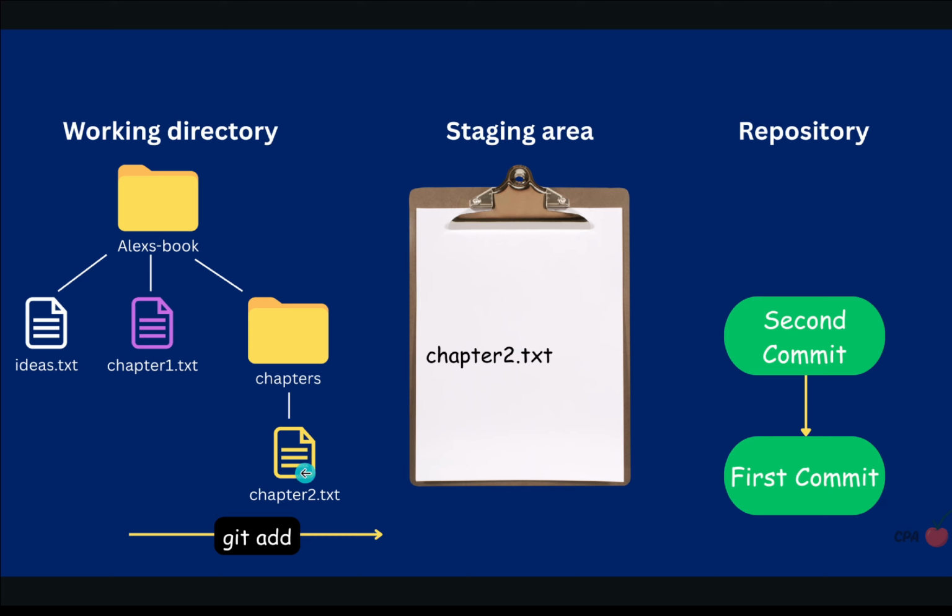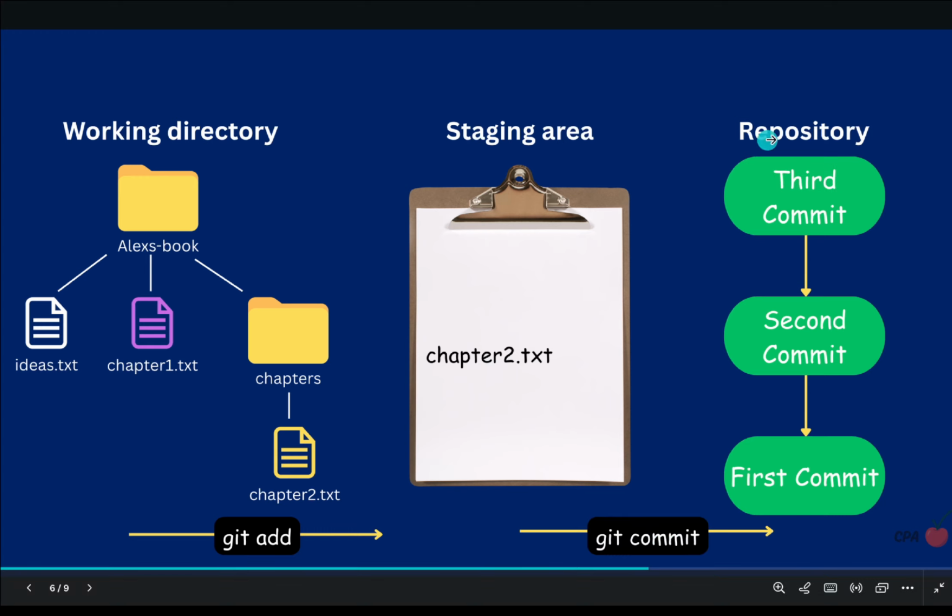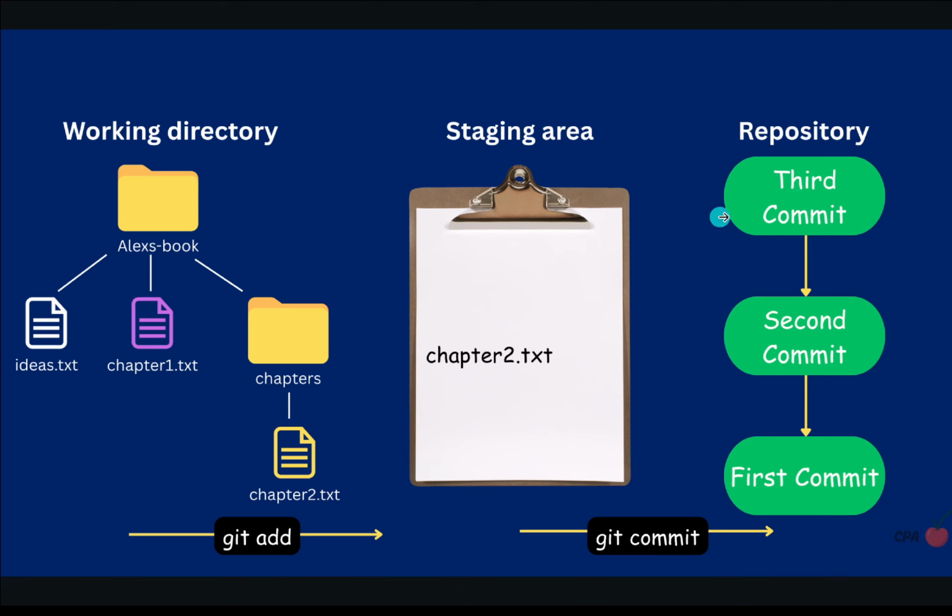And since in this example we want to only have chapter 2 and not chapter 1, we only add chapter 2. And when we use git commit to have our third commit, the only difference between the snapshot that is saved in the third commit and the second commit is the content of chapter 2, because all the rest stayed the same.